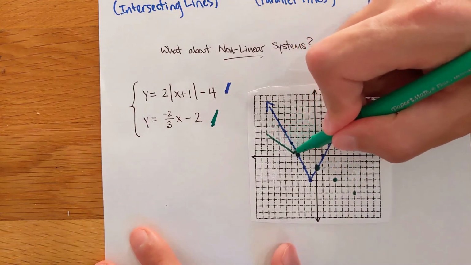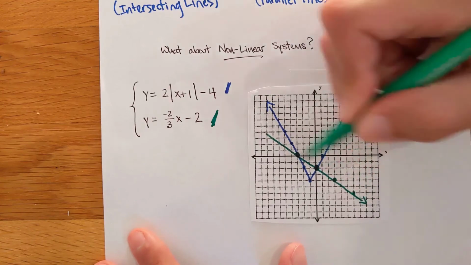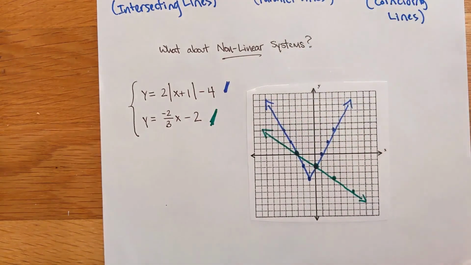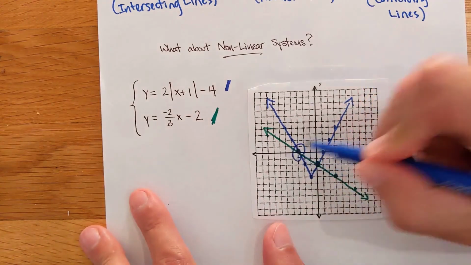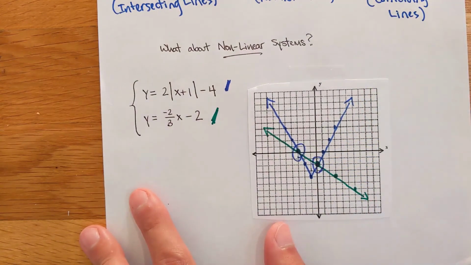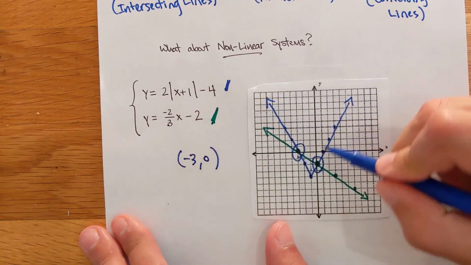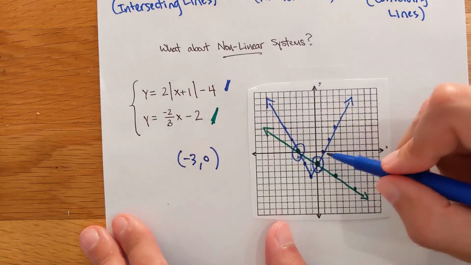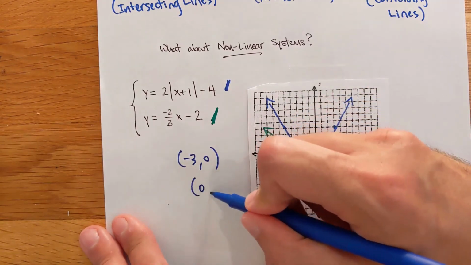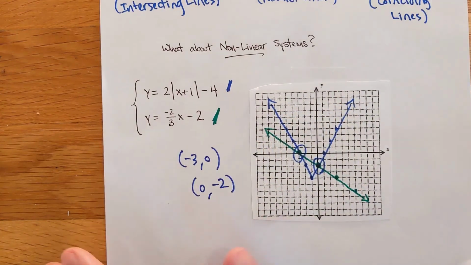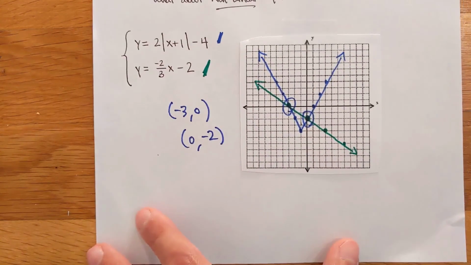Now what you're going to find in this problem is that we don't just have one answer, like a linear problem. This problem actually happens to have two answers. They cross right there, and they also cross right there. Both of those are going to be solutions. Those are the points -3, 0, right there. And right here, it's 0, -2. So you kind of just have to graph them and see how many answers there were.